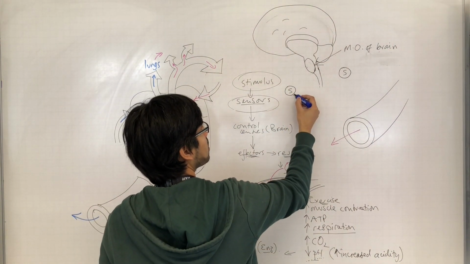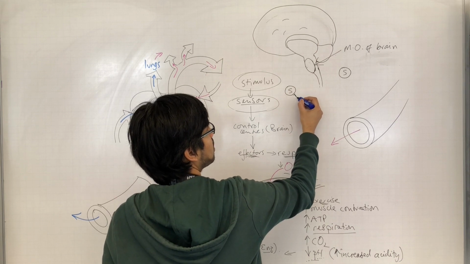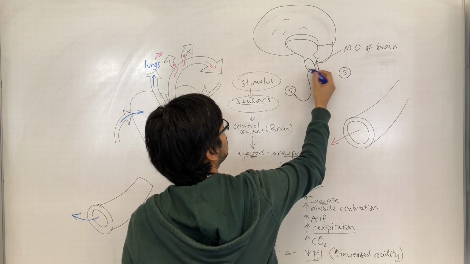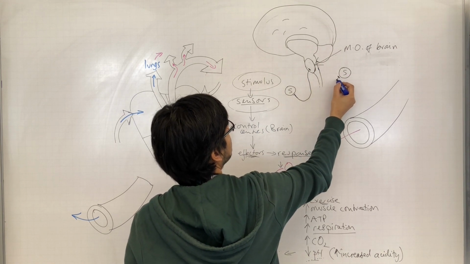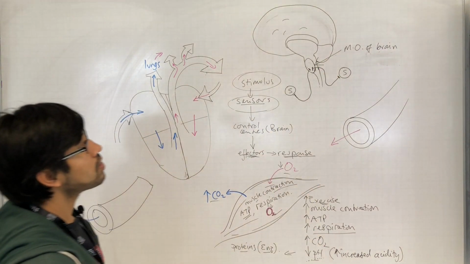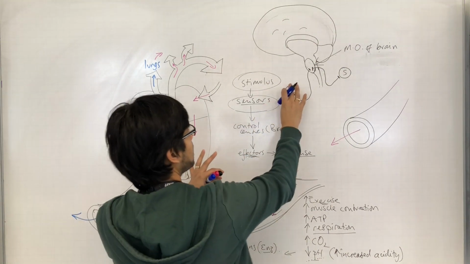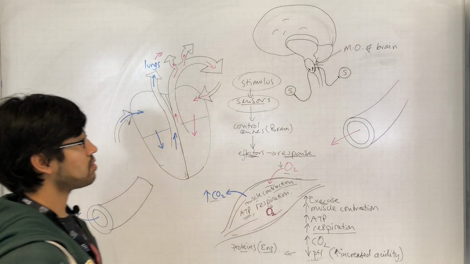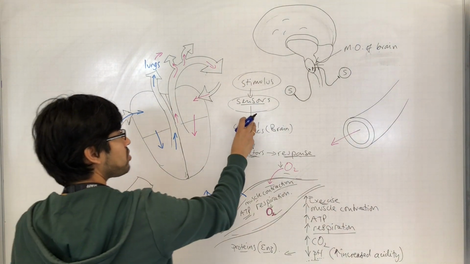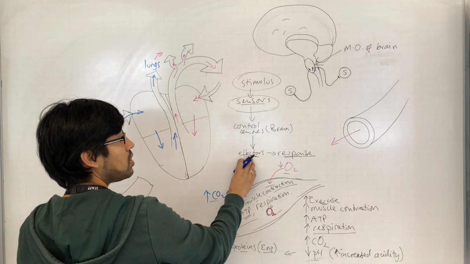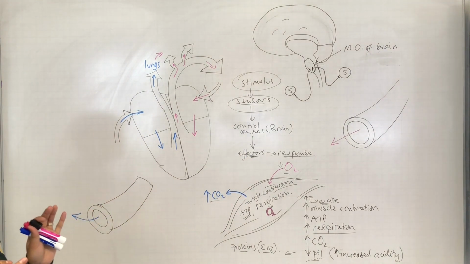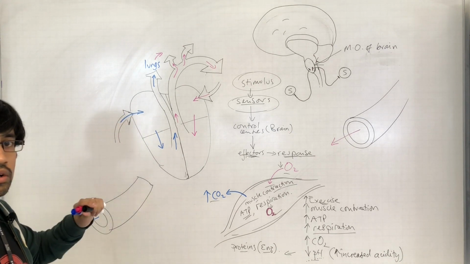And the way they do that is by sending impulses to the medulla via neurons. So these neurons allow the sensors to communicate with the control center. But then in order for the control center to make a response, the control center itself has to be connected to its effector. And the effector in this case is the heart.